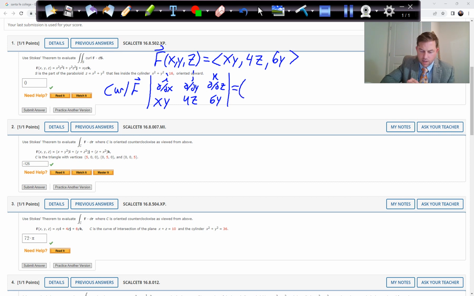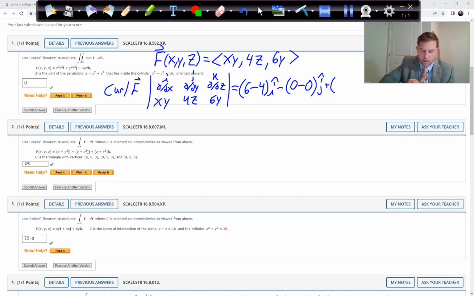So cover up the i column, we get partial with respect to y of 6y would be 6, minus partial with respect to z of 4z, which is 4, in the i direction. Minus, cover up the middle column, partial with respect to x of 6y is 0, minus partial with respect to z of xy is 0, in the j direction.